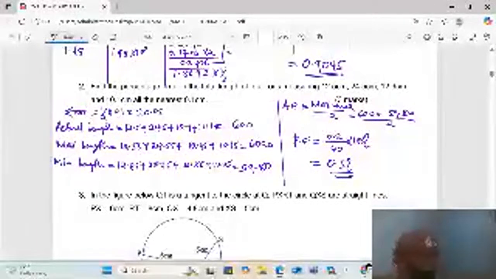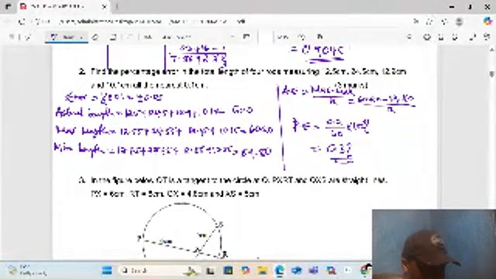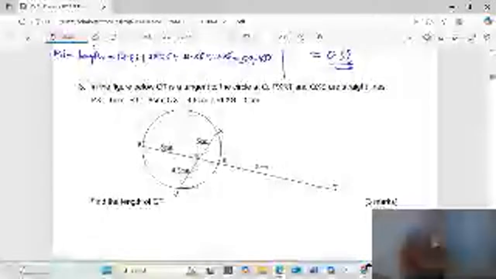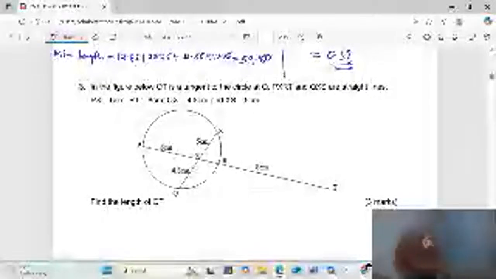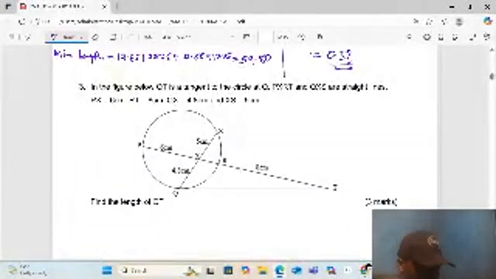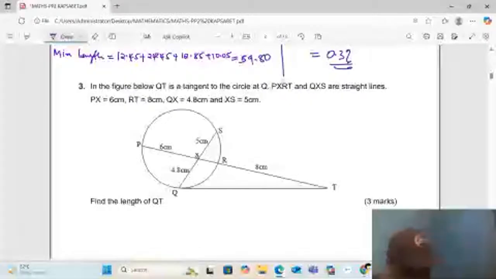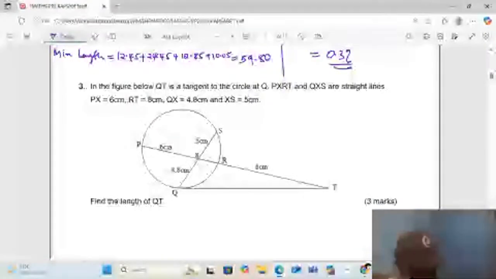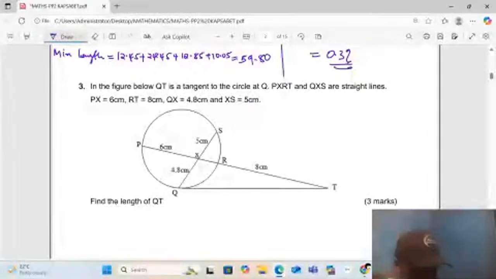And we now move to question number 3. In the figure below, XT is a tangent at Q. Then PXRT and QXS are straight lines.